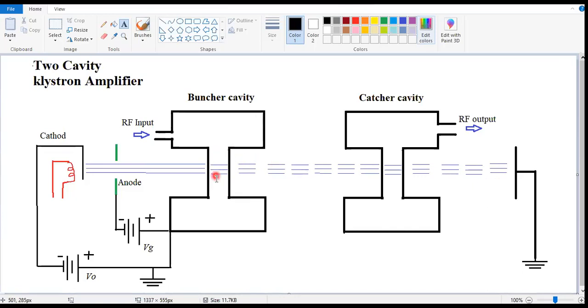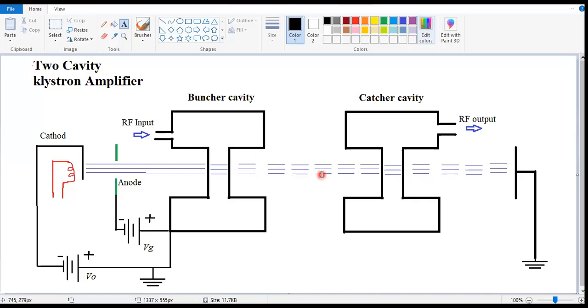What I am saying is, the velocity of the electron increases by the positive half cycle and decreases by the negative half cycle, and they form a bunch. The variation in the electron velocity in the drift space is known as velocity modulation.